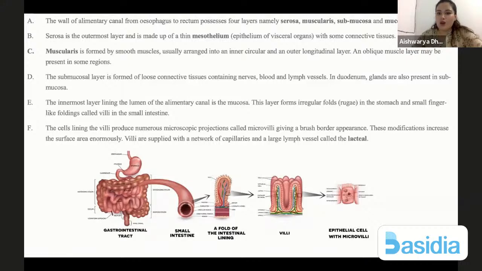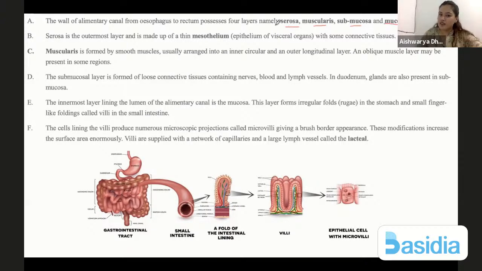Now coming to the wall of the alimentary canal. The entire wall, I told you, is made up of the same type of structure. There are 4 layers to it: serosa, muscularis, submucosa, and mucosa.